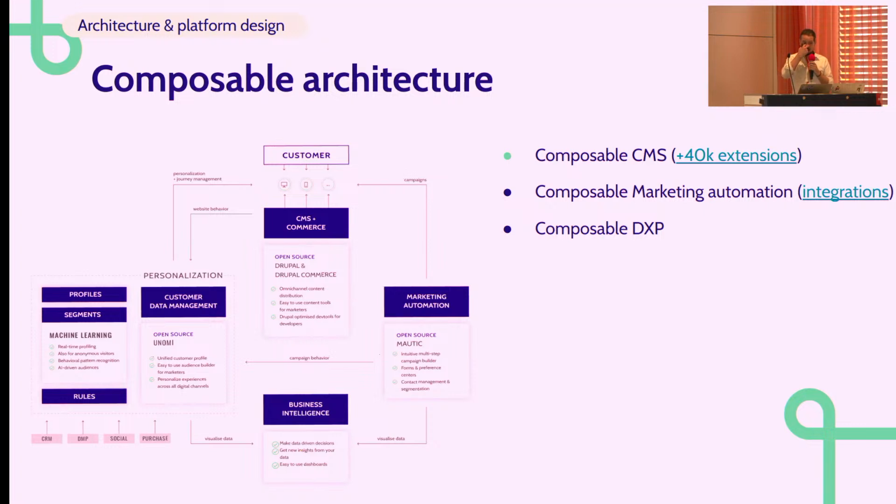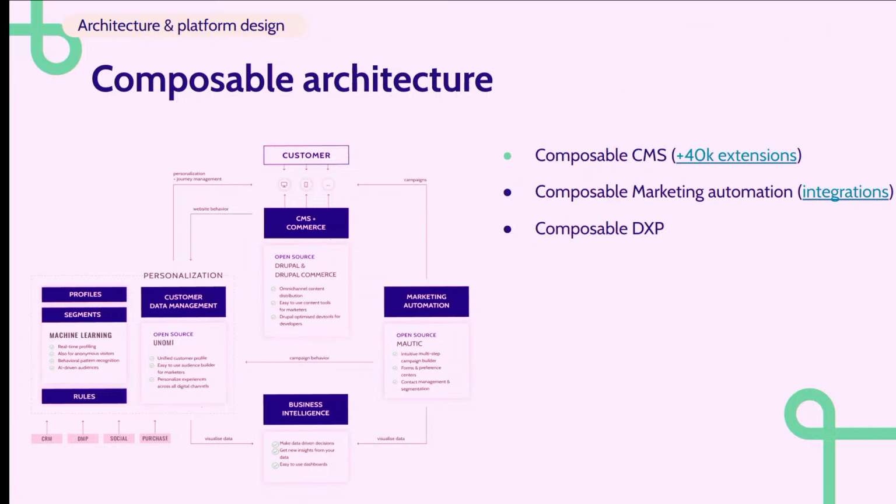If you look at how Drupal does this, for example, this is an example of composing a DXP. That's how we did it at Drupal. So we have Drupal as a CMS, Mautic as a marketing automation, Unomi as a customer data platform, and then pick your favorite analytics tool to visualize all the data, like your Data Studio or Matomo or whatever you have, and you have a DXP.